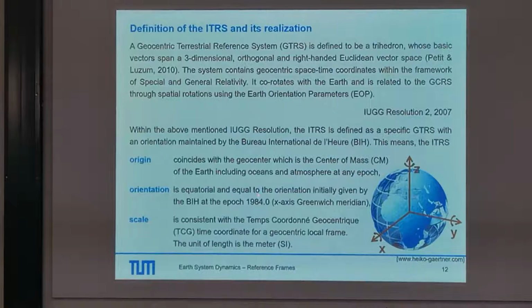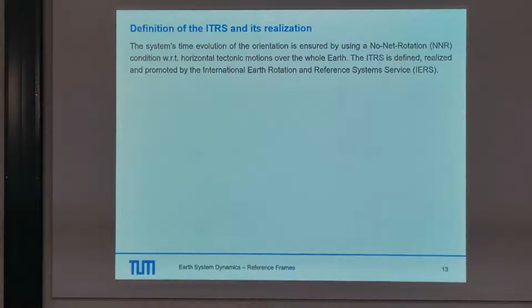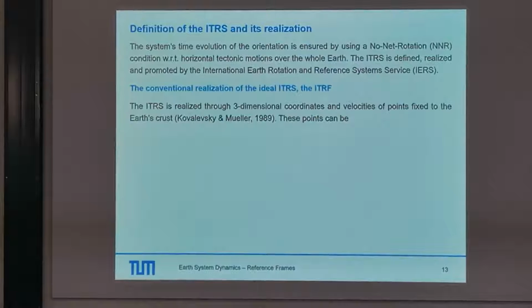But here we have an epoch given, so we have to think about how the temporal evolution of this orientation of the definition is ensured, and this is shown here. The system's time evolution of the orientation is ensured by using a no-net-rotation condition with respect to the horizontal tectonic motions over the whole Earth. The ITRS is defined, realized, and promoted by the IERS.